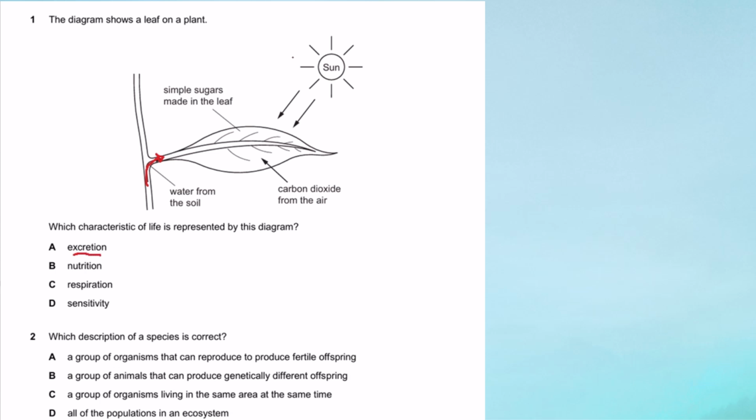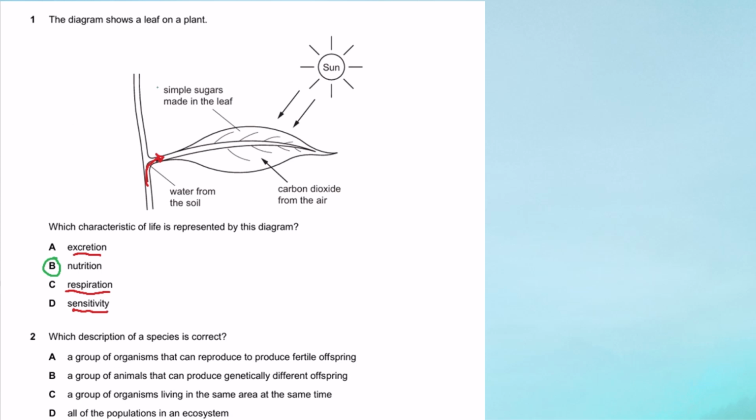Again, we have sunlight here, so it's during the day, so it's not respiration. And we don't see anything about the leaf changing its orientation, so it's not sensitivity, which only leaves us with one answer, which is nutrition.